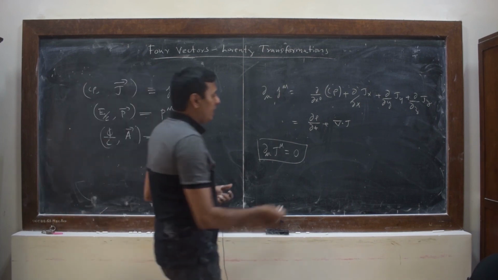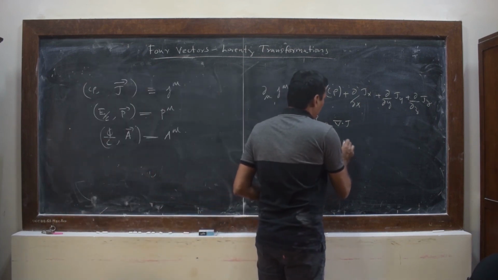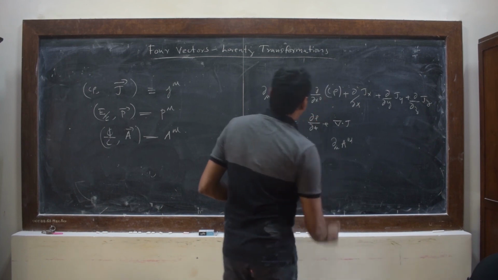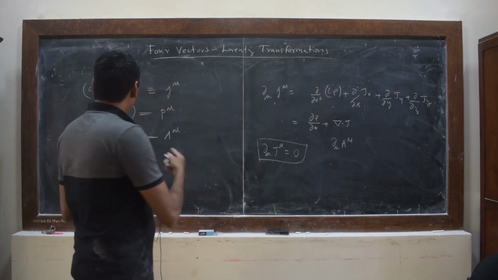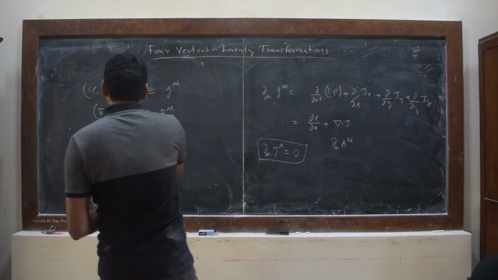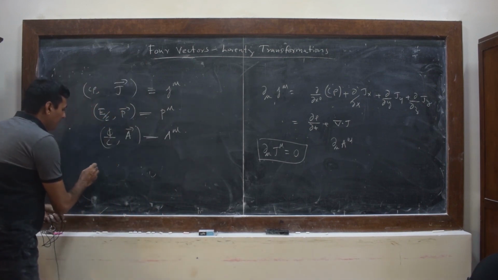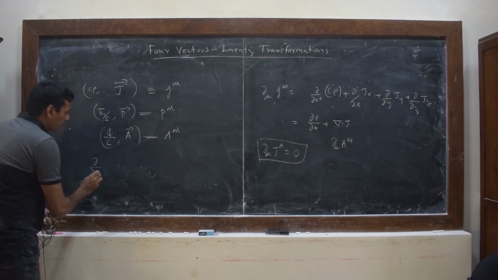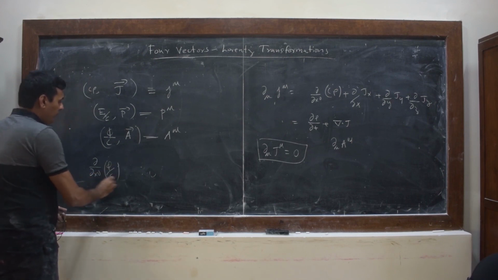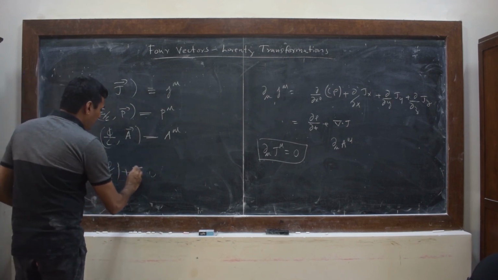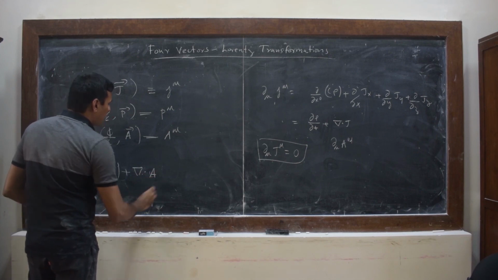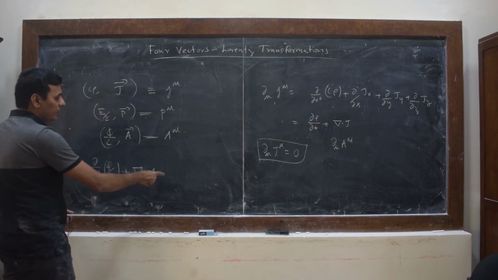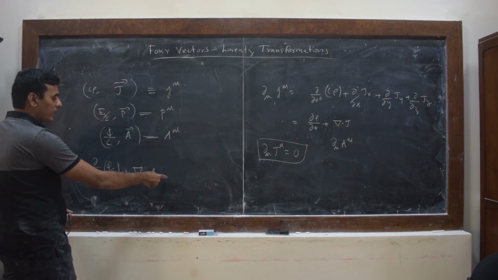Another thing we can do is evaluate del mu A mu. Del mu A mu is del by del x 0 of phi by C plus del dot A, that means del by del x of Ax plus del by del y of Ay plus del by del z of Az.